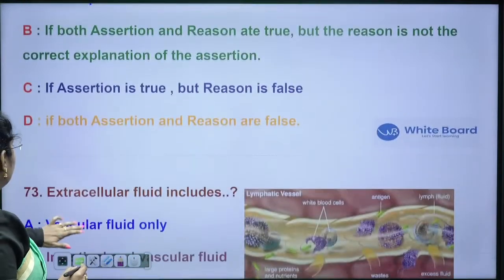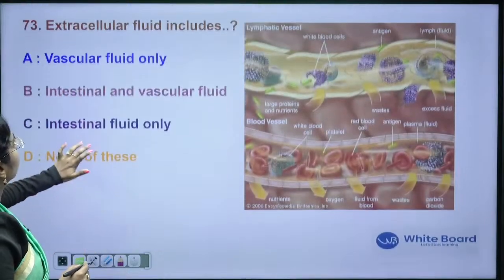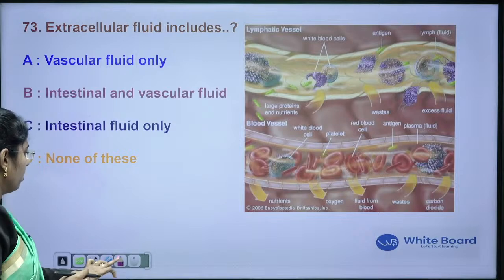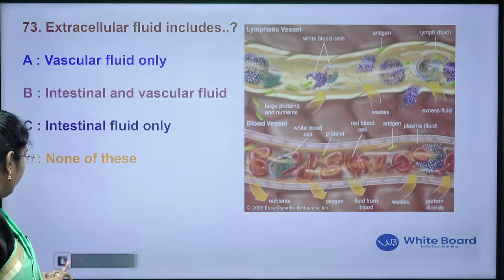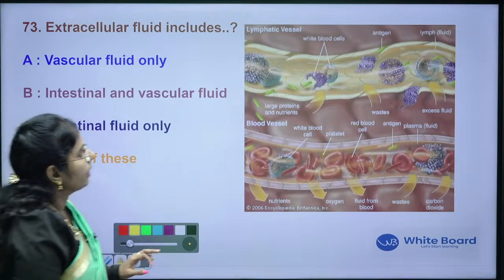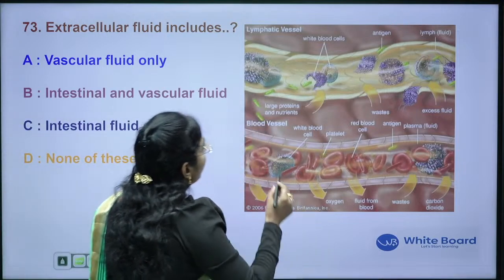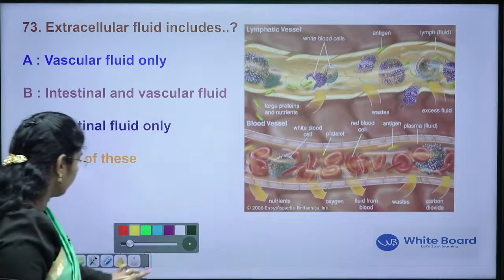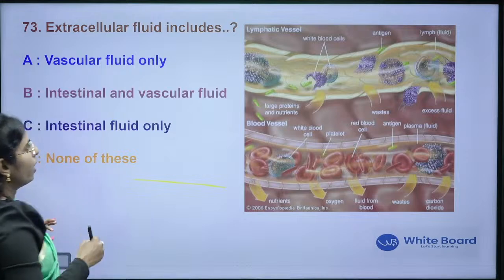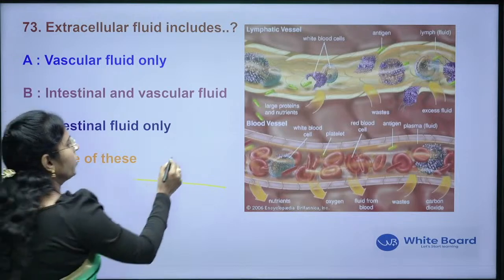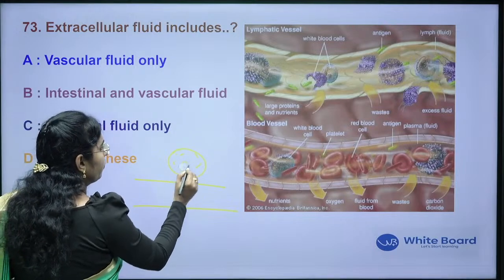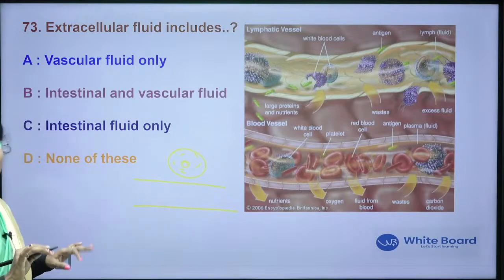Next, coming to question 73. Extracellular fluid includes. Okay. So, here they have given, right, see, what is intracellular fluid? The fluid which is present within the cells is known as intracellular fluid.